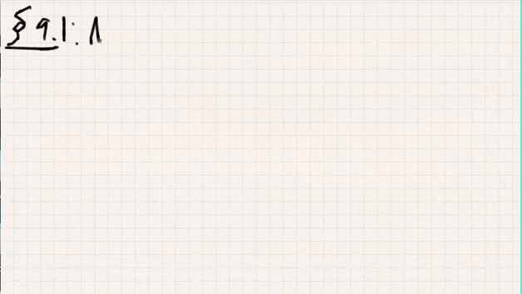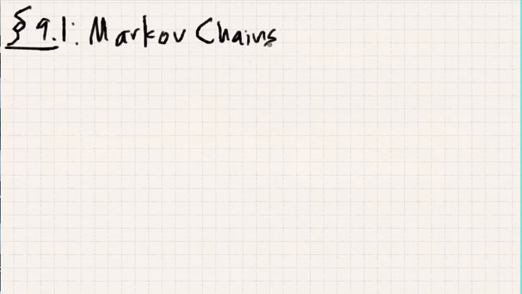Okay, so this is section 9.1, and this is the introduction to Markov chains. Now this is really the marriage between the matrix things that we were learning towards the beginning of the class and the probability stuff that we've been working on at the end of the class.